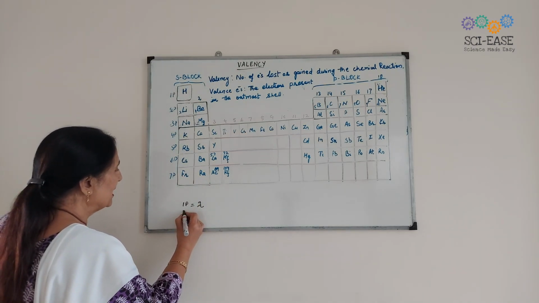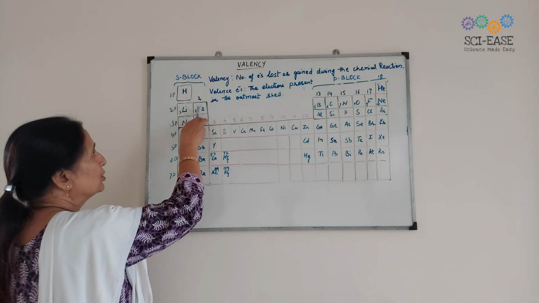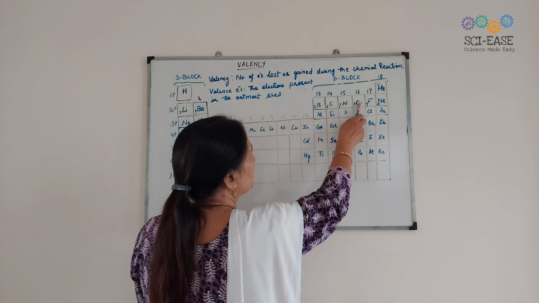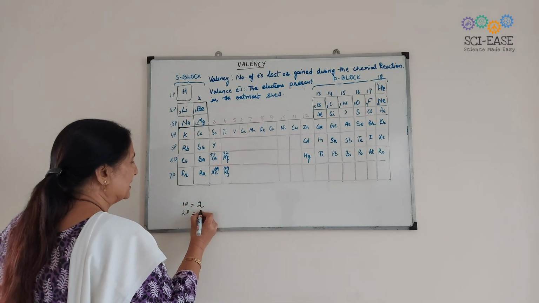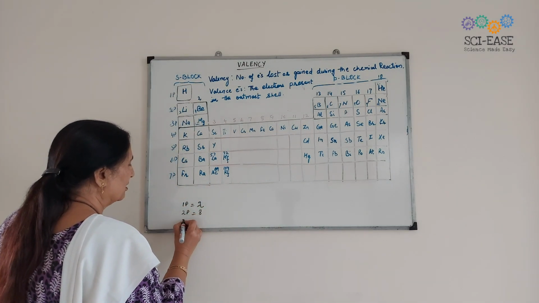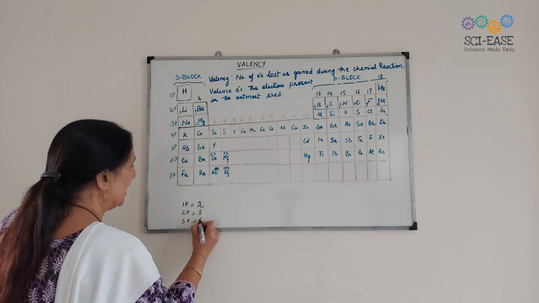In the second period, we have 8 elements. In the third period, again we have 8 elements.